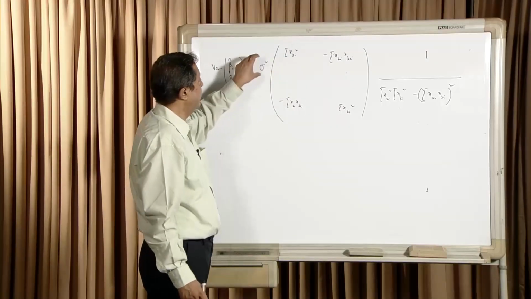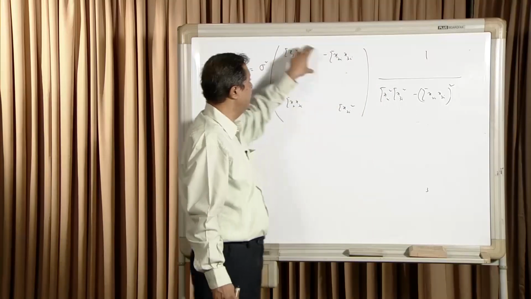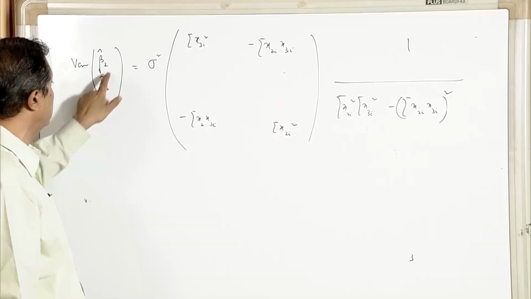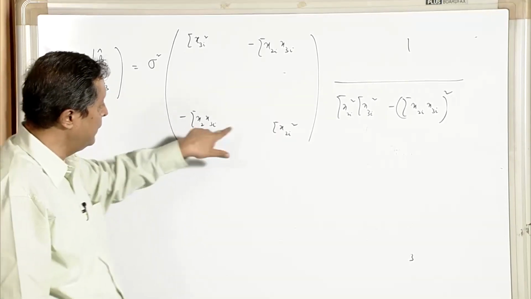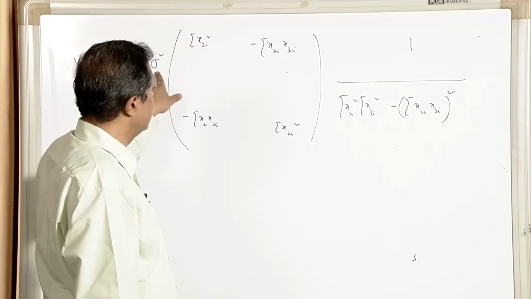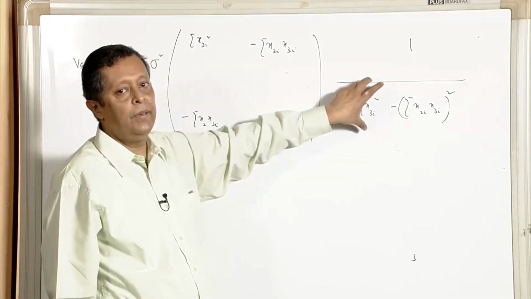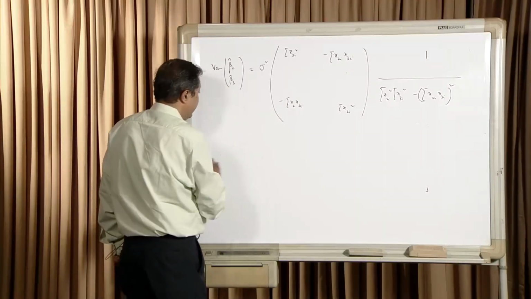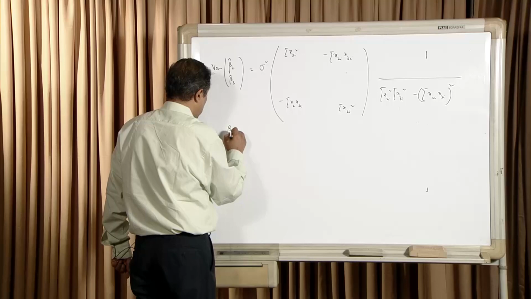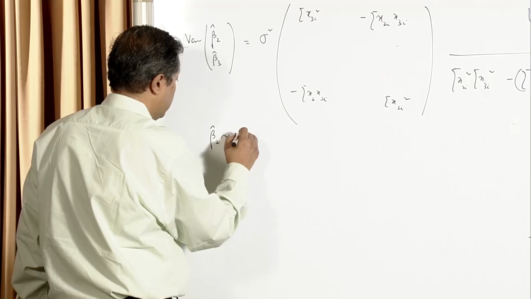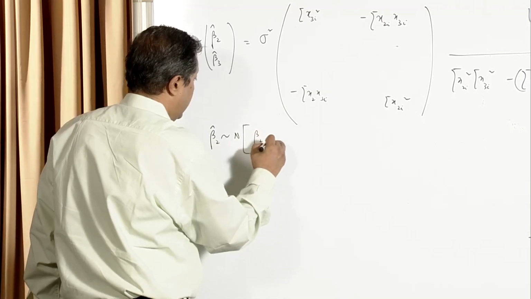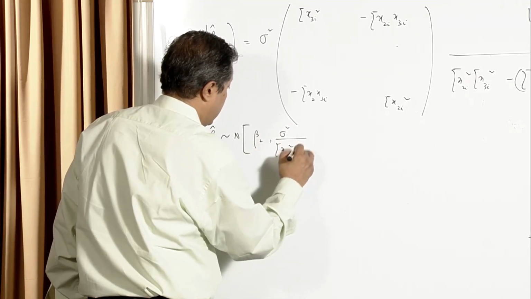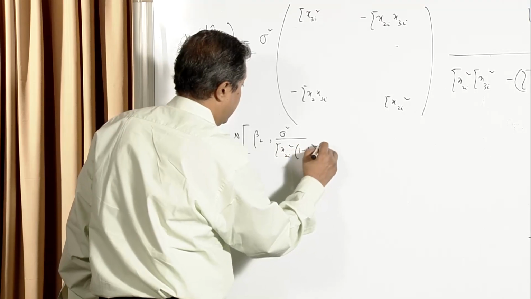This term into sigma square divided by delta is variance. This into sigma square divided by delta is covariance between beta 2 hat and beta 3 hat. Similarly, this one, and finally, this term into sigma square divided by this will be the variance of beta 3 hat. And therefore, we write that beta 2 hat follows a normal with mean beta 2 and variance sigma square divided by summation x2i square into 1 minus r square 2 3.